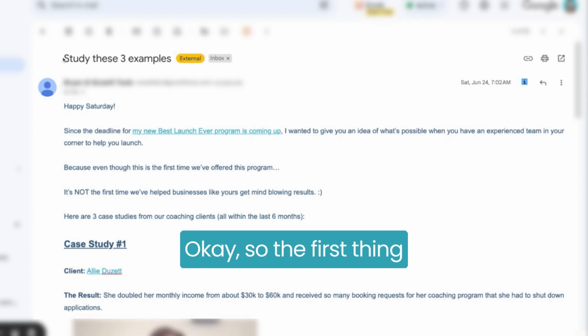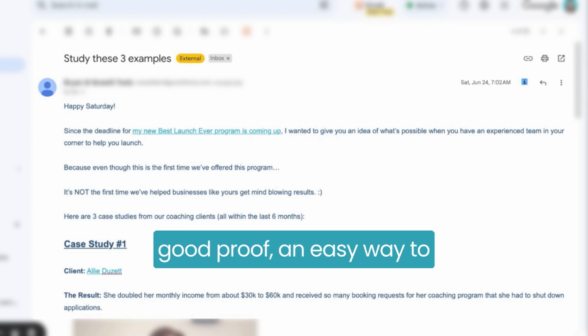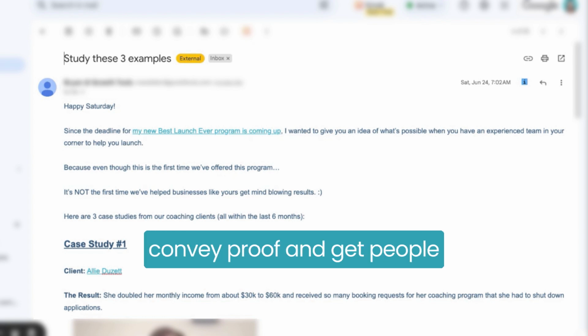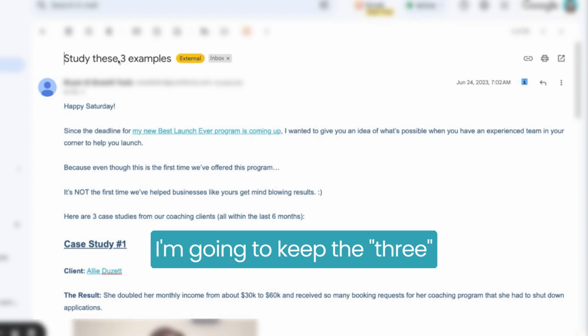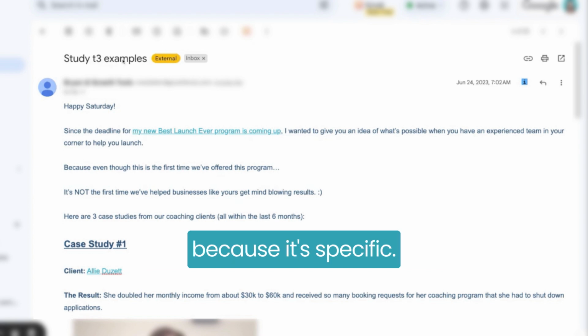Okay, so the first thing I'm going to do is lean into this case study approach because this can be a good proof, an easy way to convey proof and get people who are interested in the program, who've seen earlier emails, the proof that they need to see in order to actually take action and apply for this program. So instead of saying "study these 3 examples," I'm going to keep the 3 because it's specific.